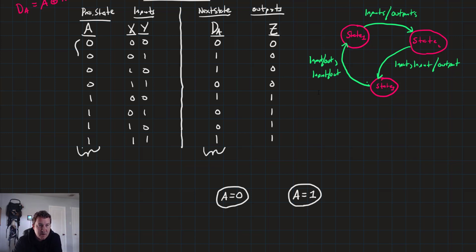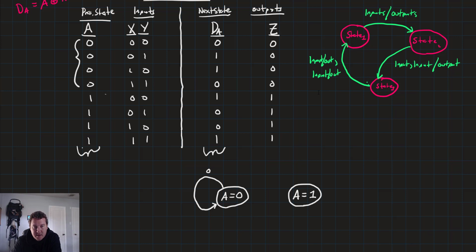Now, we just look at our state table and see what we've got. Let's look first at places where state A is equal to 0. Now we notice that 0, 0 gives us a next state 0 and an output 0. And 1, 1 on the inputs also gives us next state 0 and output 0. So we'll draw the state transition as going from state 0 back to state 0.